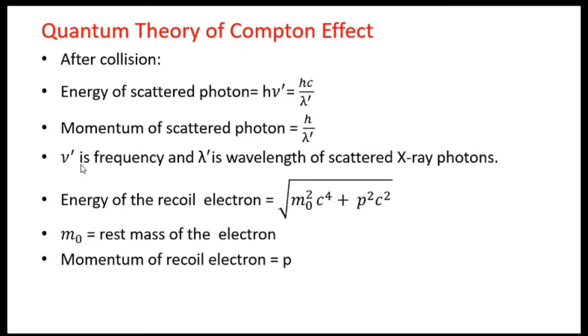Here nu dash is the frequency and lambda dash is the wavelength of the scattered X-ray photon, and energy of the recoiled electron is under root of m0 square c raised to the power 4 plus p square c square. Here m0 is the rest mass of the free electron, and we have taken the momentum of the recoiled electron to be p.